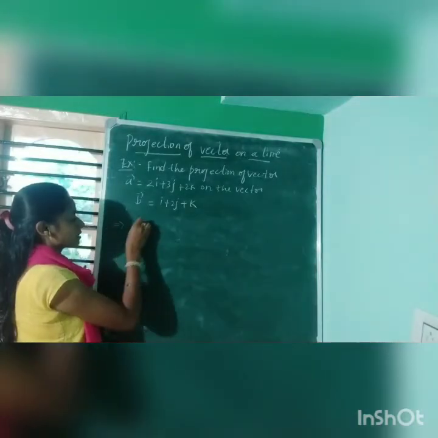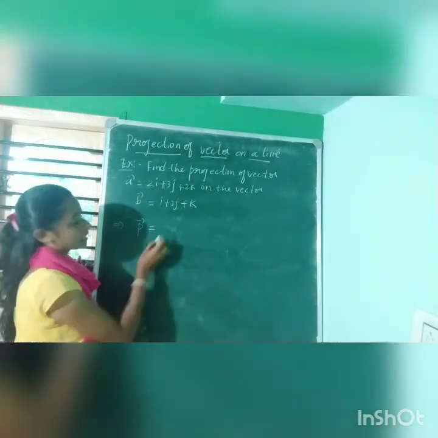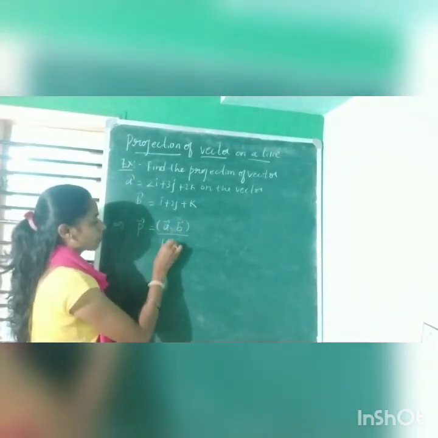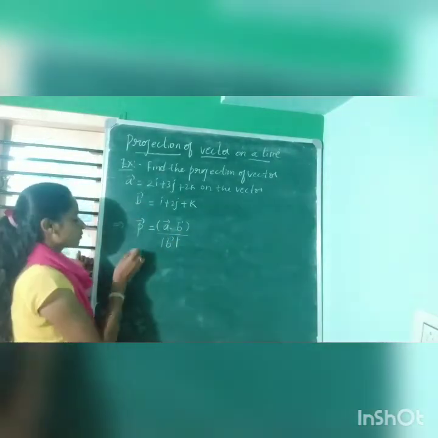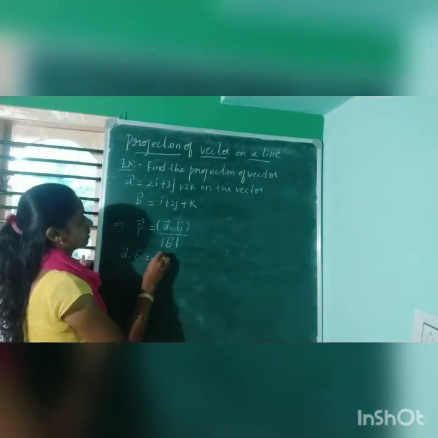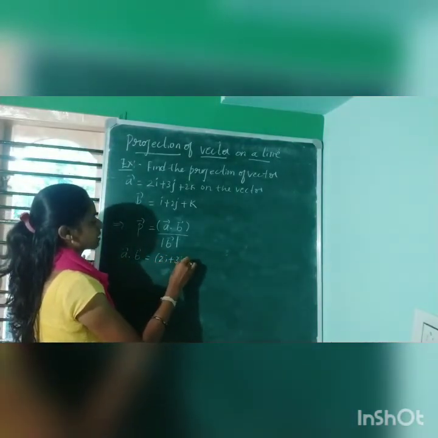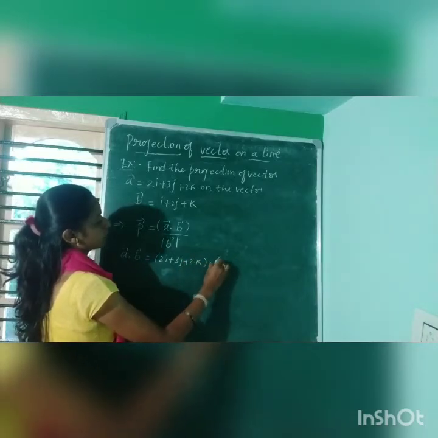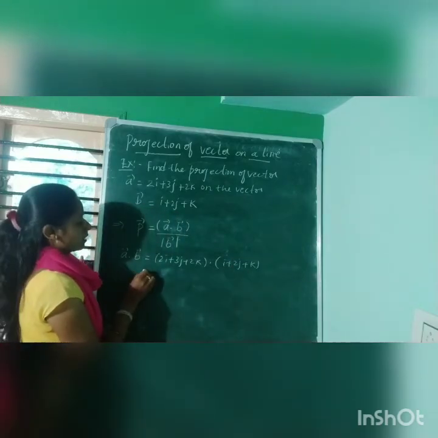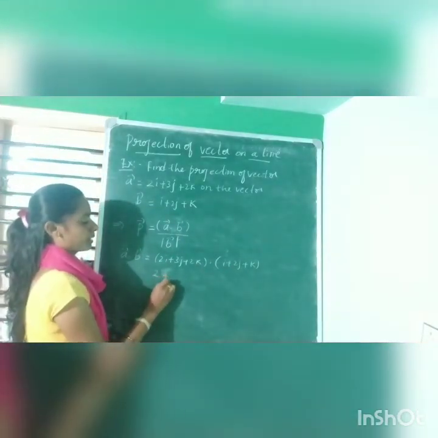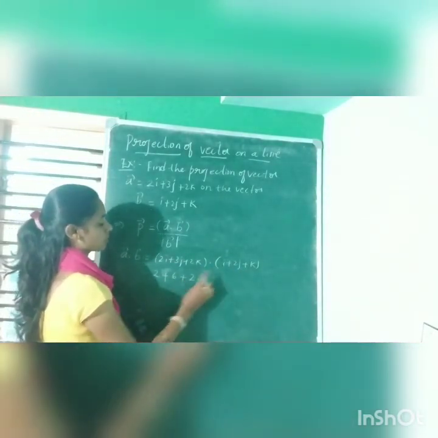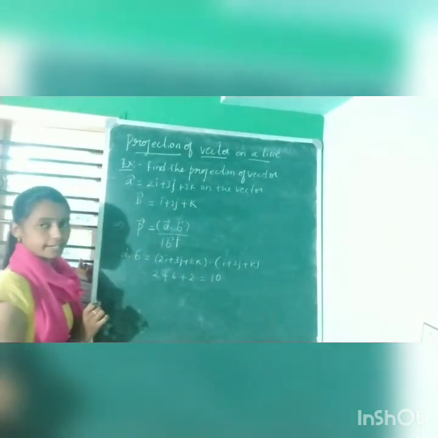So projection of a vector, we can write it as vector A dot vector B divided by only the magnitude of vector B. So first I will go with the dot product of these two. Vector A dot B is 2i plus 3j plus 2k dot i plus 2j plus k. And this is 2 into 1 is 2, plus 3 into 2 is 6, plus 2 into 1 is 2, and this is 10.